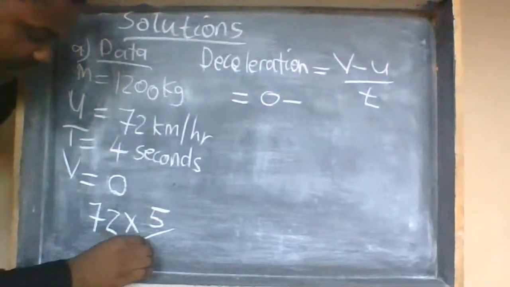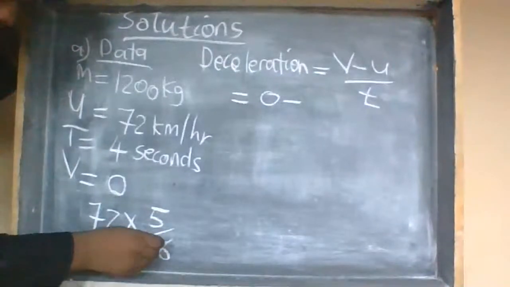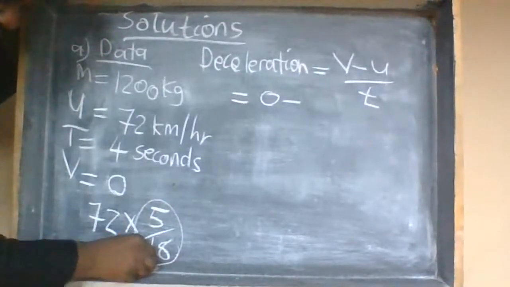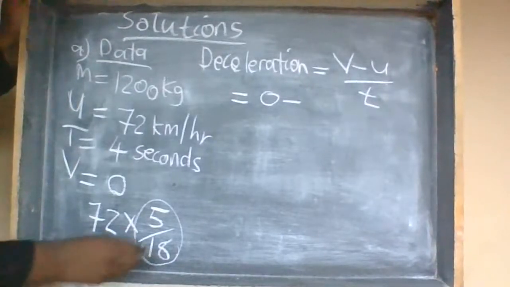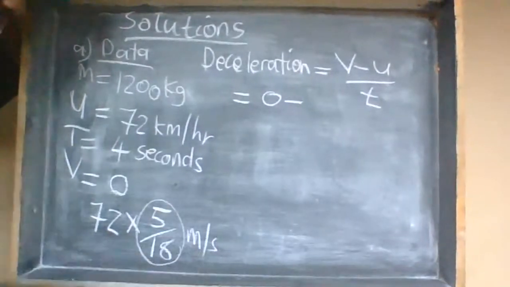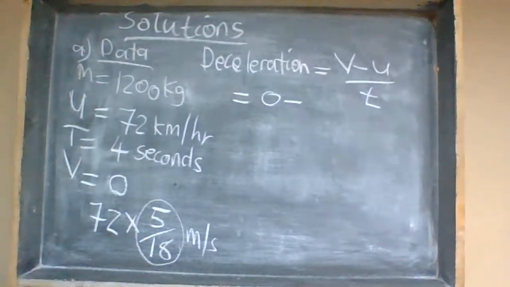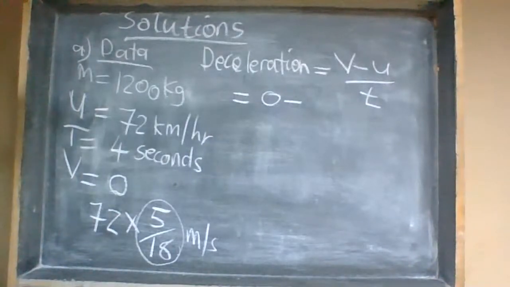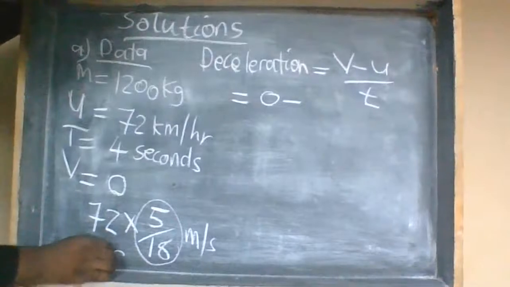Therefore, to convert 72 kilometers per hour, we are going to multiply 72 times 5 over 18. This is the formula for converting any given number in kilometers per hour into meters per second. It is 5 over 18. And if you calculate 72 times 5 over 18, the answer is 20.